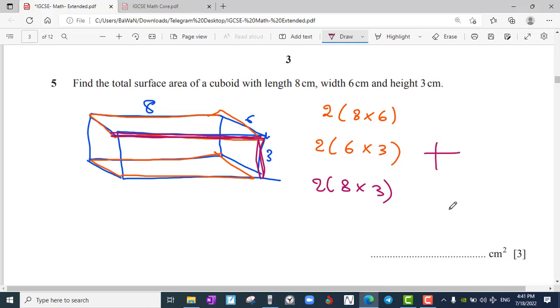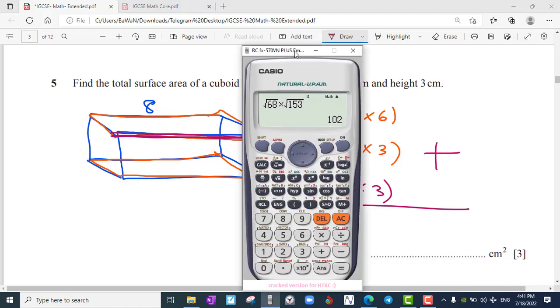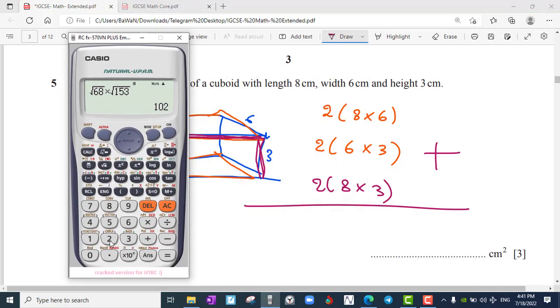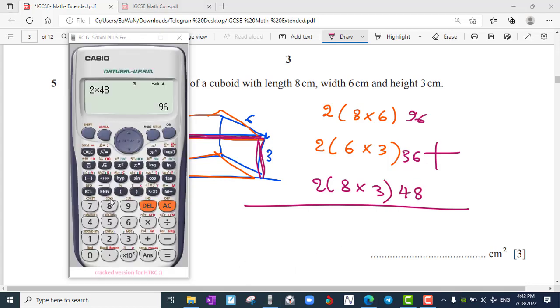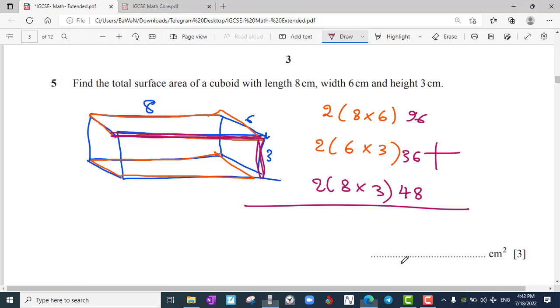We add them, we will get the total surface area. 6 times 8, 48, times 2, 96. 6 times 3, 18, times 2, 36. 8 times 3, 24, times 2, 48. Now add them, it will be the total surface area. 96 plus 36 plus 48 is 180.